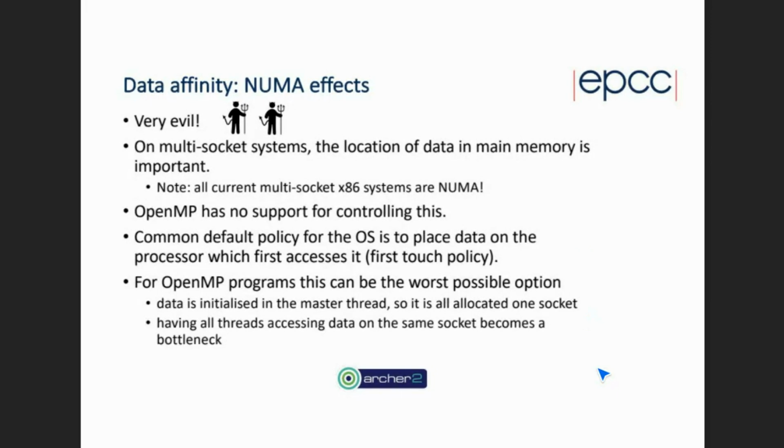It's all going to get allocated on one socket, because the first access to all of our data comes from the same thread running on the same core, and we get all our data allocated in the same socket or NUMA region, and then having all your threads accessing that same socket or NUMA region becomes a bottleneck.